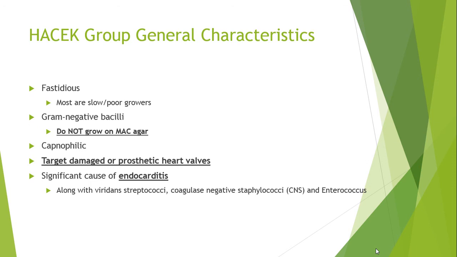What test could we do? Well, quick and easy test. Most common test that we do in microbiology. Gram stain, right? These are gram-negative bacilli, right? And what are these? Gram-positive cocci. So that'll help us narrow down our options.